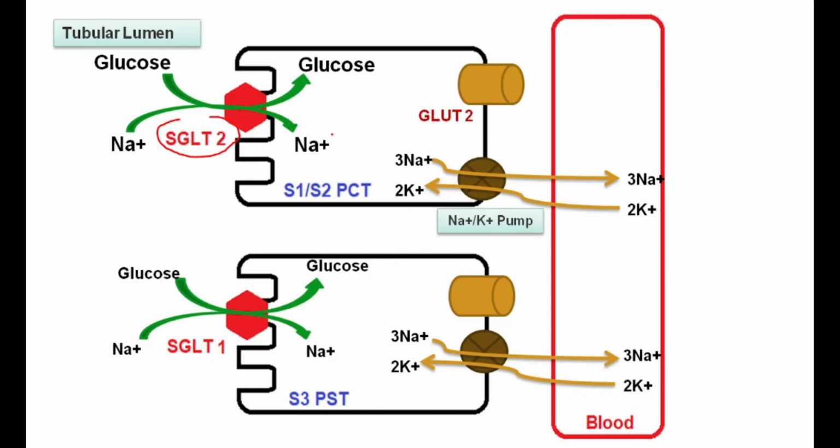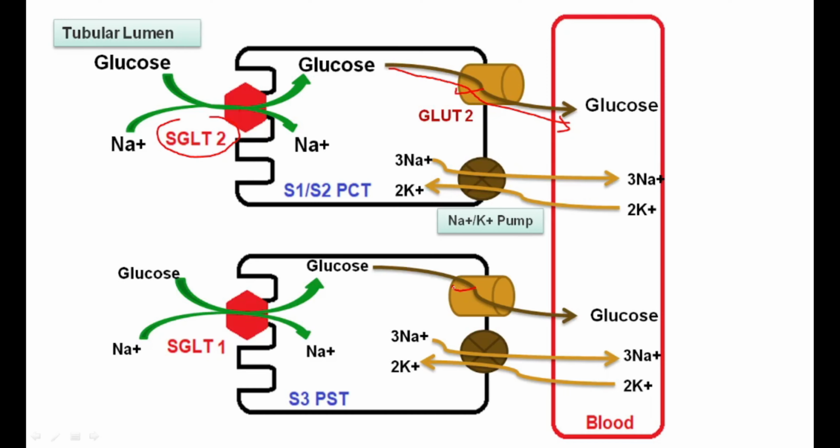Here it is entering into the circulation via GLUT2, and through the sodium potassium pump, sodium again enters the circulation and potassium comes inside the proximal tubular cell.